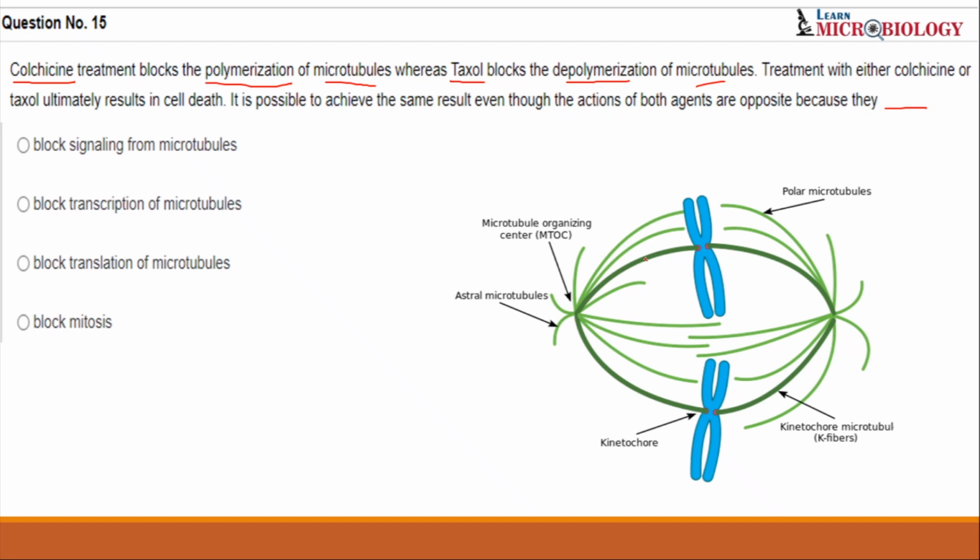Some, called kinetochore microtubules, attach to the center of your chromosomes. Some, called polar microtubules, attach to each other like this. And some, called astral microtubules, directly originate from here.